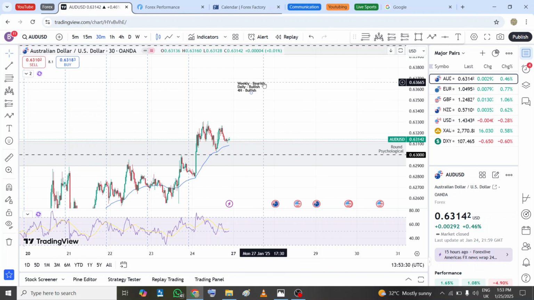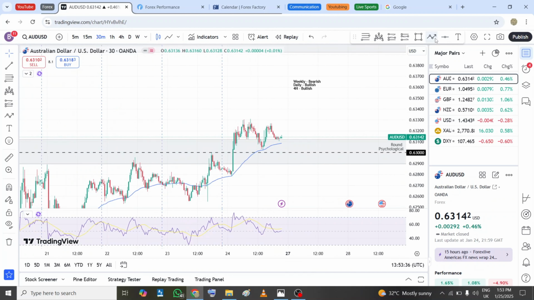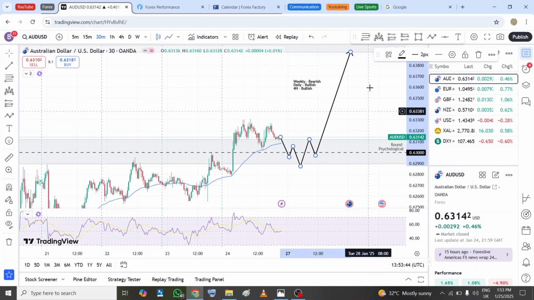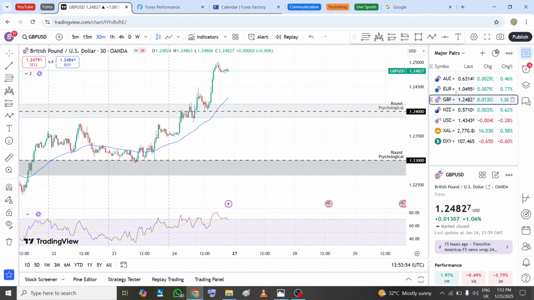And I'm sure it will change soon to bullish when the market resumes on Monday. So I'll be looking for a tap into the round psychological level, a change of character, and then an entry signal to buy.